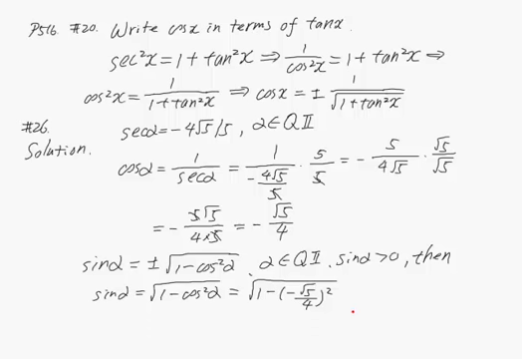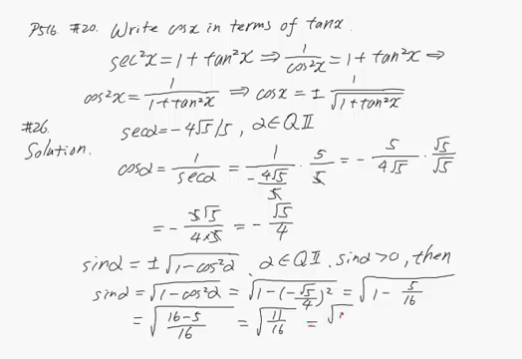And then you simplify, you get the square root of 1 minus 5 over 16, right? And then the square root of 16 minus 5 over 16, then you get square root of 11 over 16. So this is equal to the square root of 11 over 4.